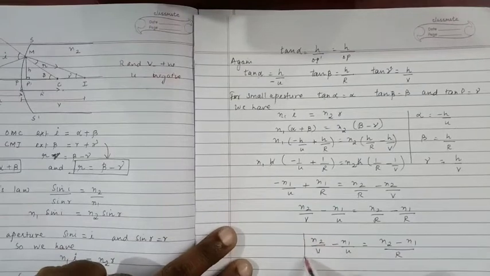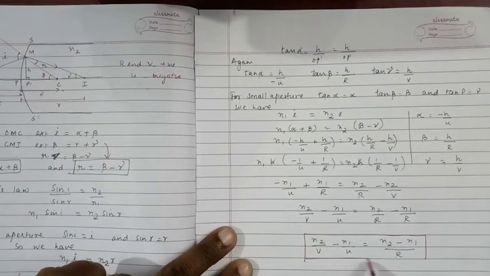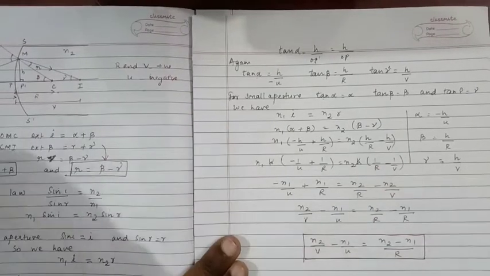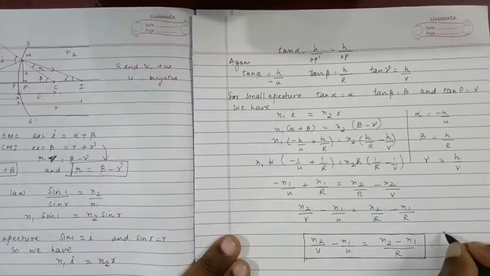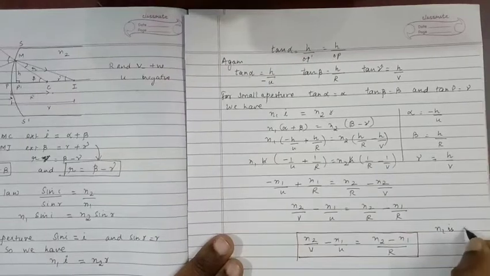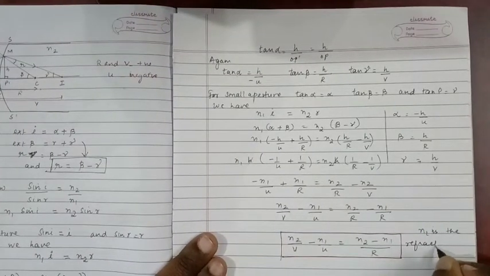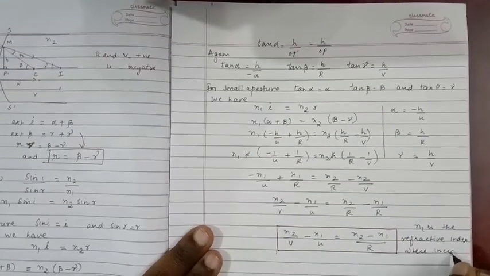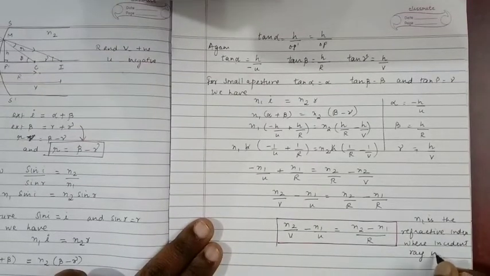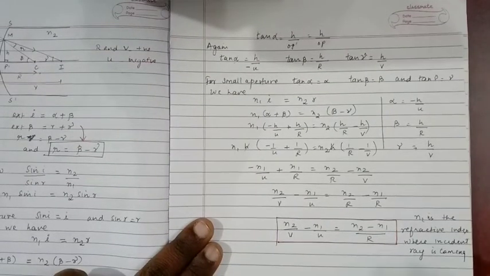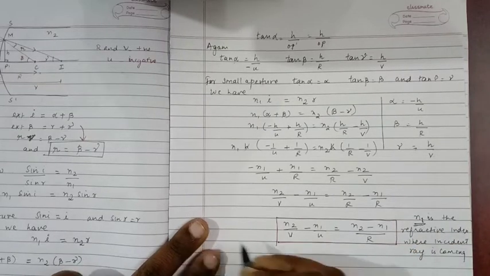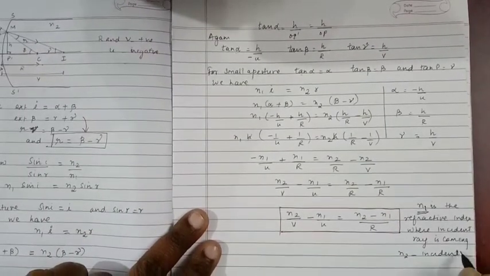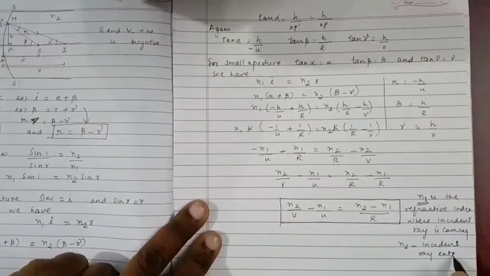Okay, this is the required relation we have derived, where N1 is the refractive index where the incident ray is coming, and N2 is the refractive index where the incident ray enters.